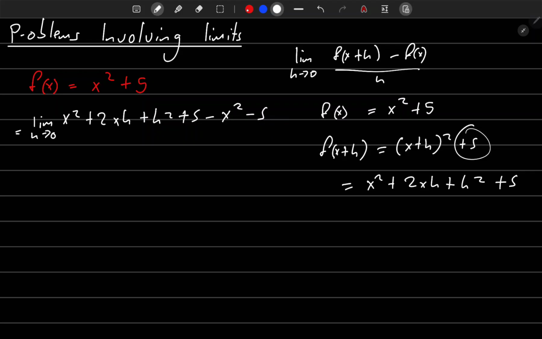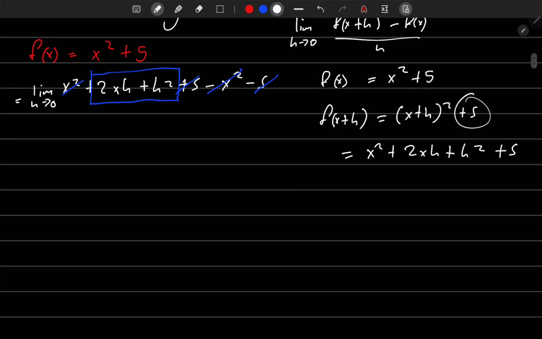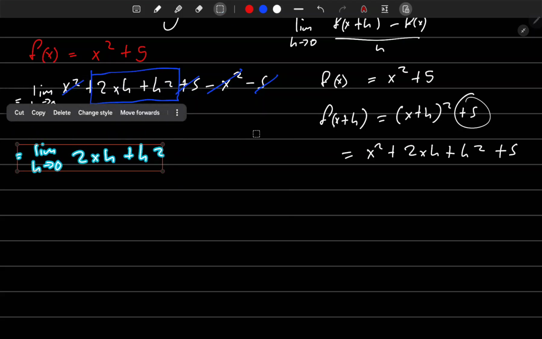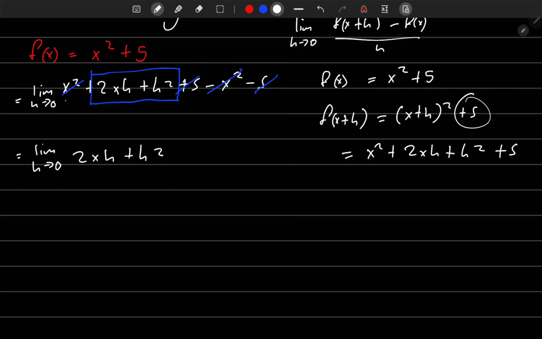I want you to realize that this x squared is going to cancel with this minus x squared, and this plus 5 is going to cancel with this minus 5. So what I'm left with is just this part: the limit as h approaches 0 of 2xh plus h squared. I forgot to mention, let me just put this down, this limit expression is supposed to be over h.